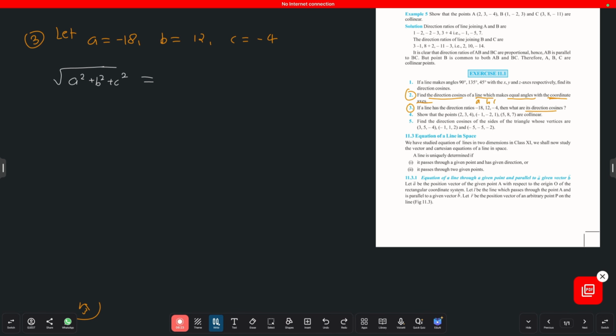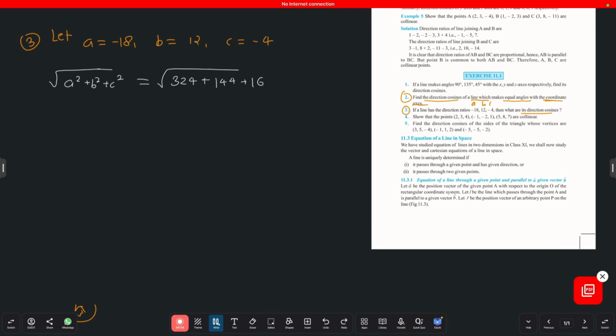What is this? Tell me, students. a square means minus 18 whole square, which is 18 into 18. How much? 324. Check. Plus 12 square, 144, plus 16.